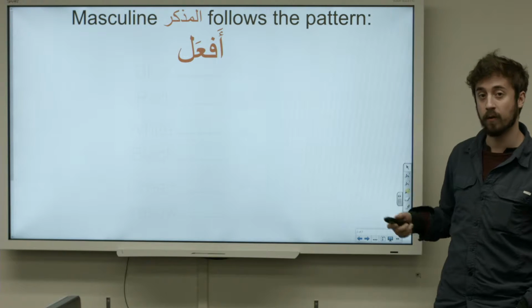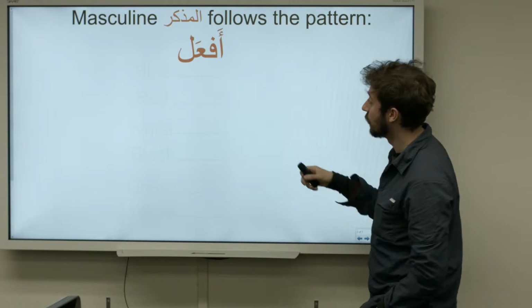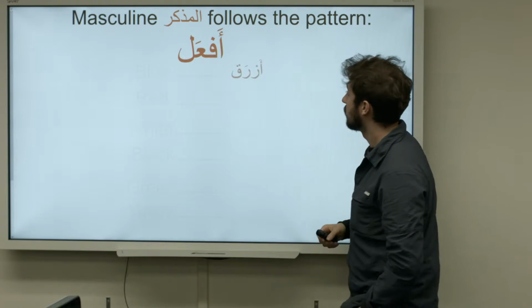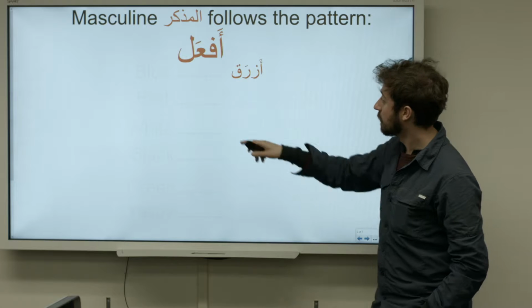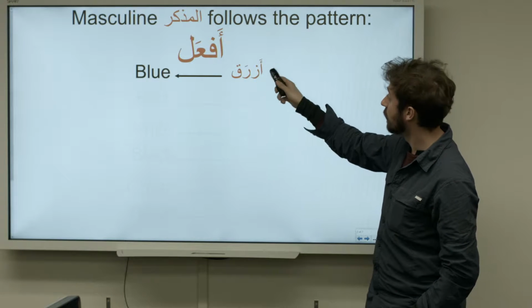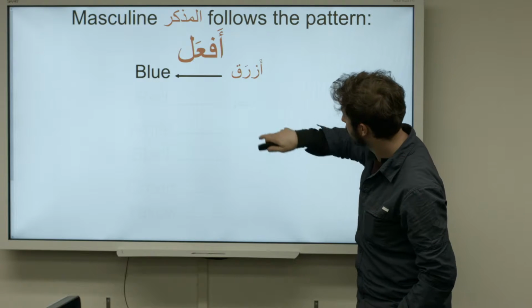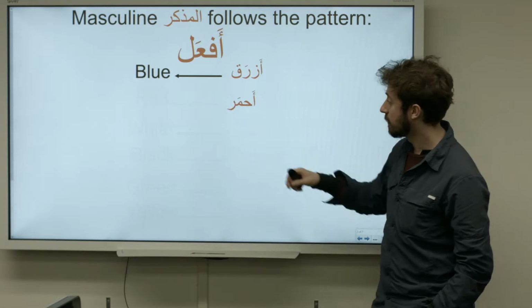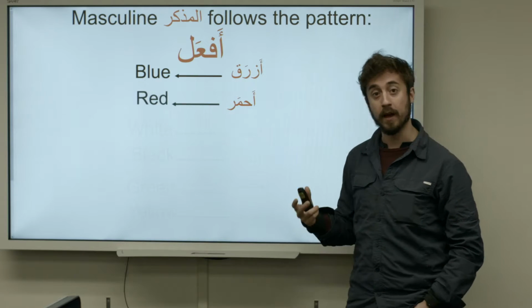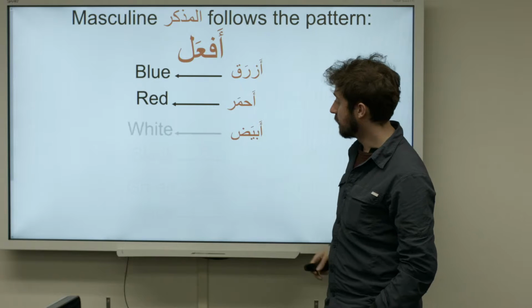For mudhakkar, or the masculine, the pattern is af'al. So we have azraq, that means blue. And you can see this follows the same pattern. Azraq, af'al. We have ahmar, this is red. Abyad is white.